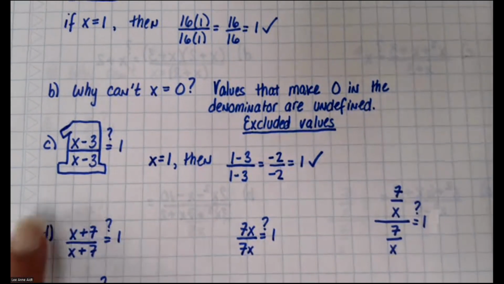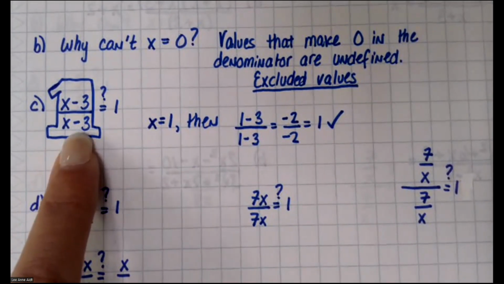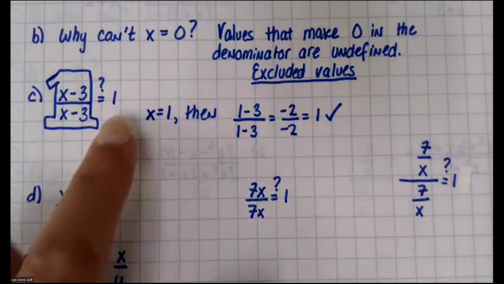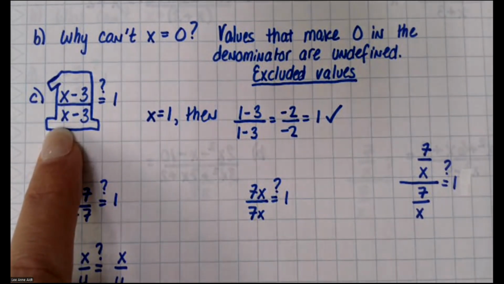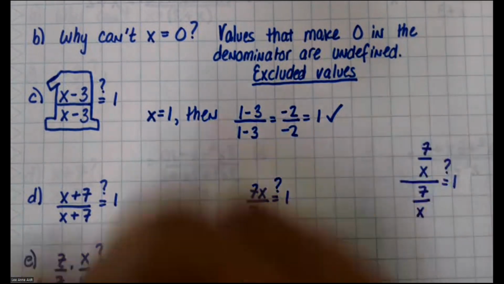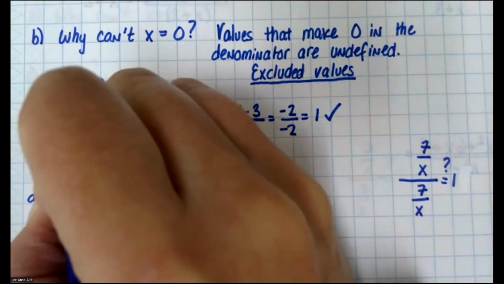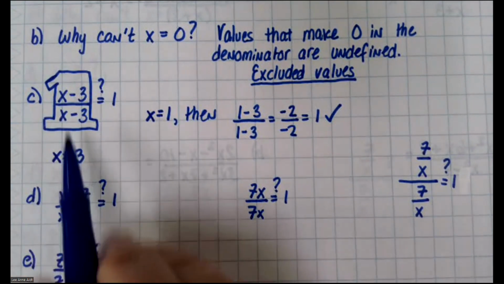Okay, so this is 1, which is great, good news. However, my next question is, what is the excluded value in this problem? When I say that, what will make the denominator 0? 3. Okay, so you're going to say x cannot equal 3 in this problem.